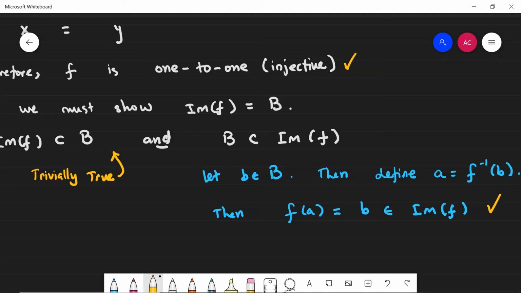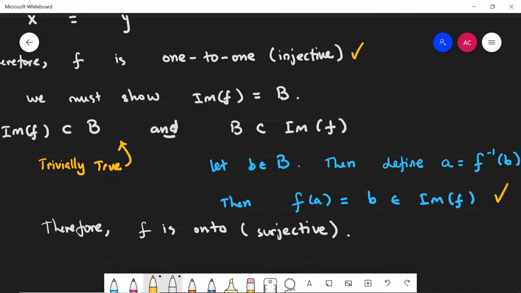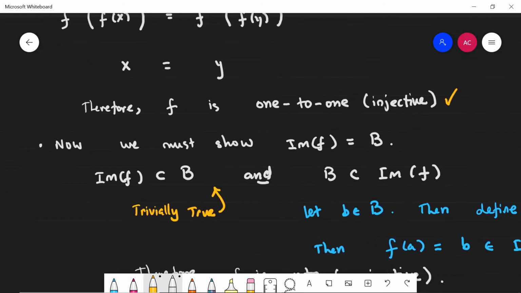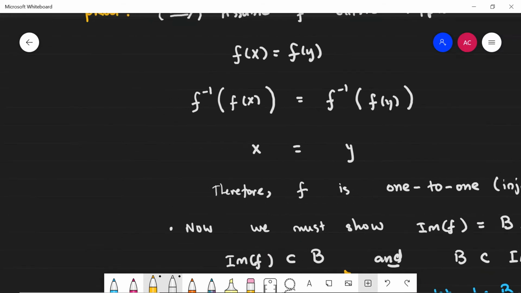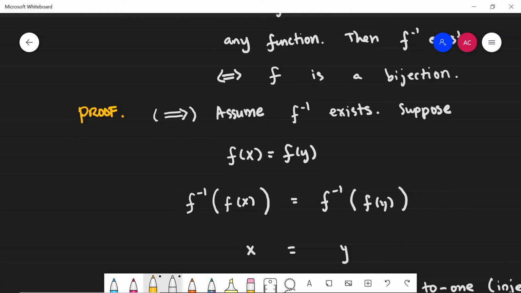So this shows that F is onto. Therefore, F is onto. Or if you like, F is surjective, if you like some other terminology. So that proves that F is a bijection because I proved it is 1 to 1 and onto. Okay. So that proves the forward direction in the proof.